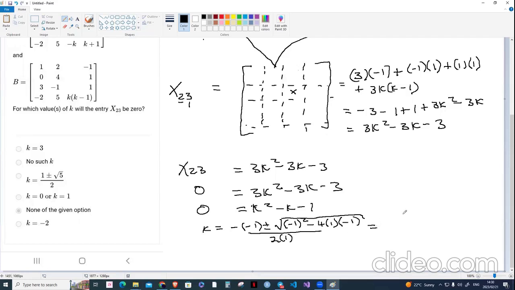That equals 1 plus or minus the root of 1 plus 4, all over 2, which is the same thing as 1 plus or minus root 5 all over 2. And when you check here, here is our k. This is the answer. And we move on to the next question.